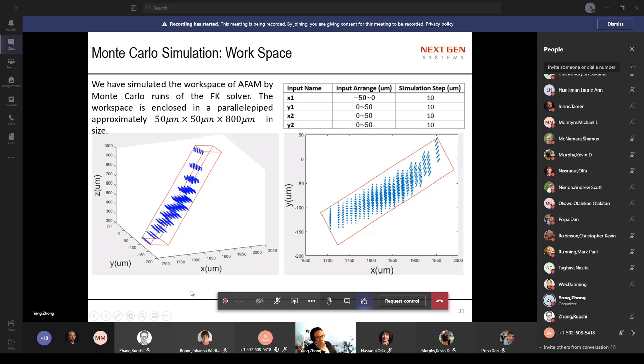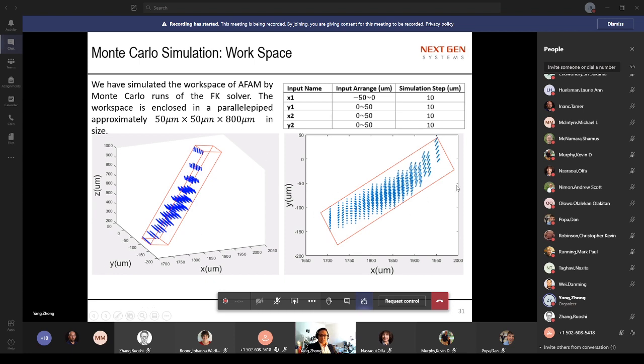Based on the simulation environment, we can study the characteristics of this micro robot. We can know its working space. The working space, as you can see, comes from the Monte Carlo simulations. We got a point cloud of the tips. The approximate working space is 50 microns by 50 by 800 microns.